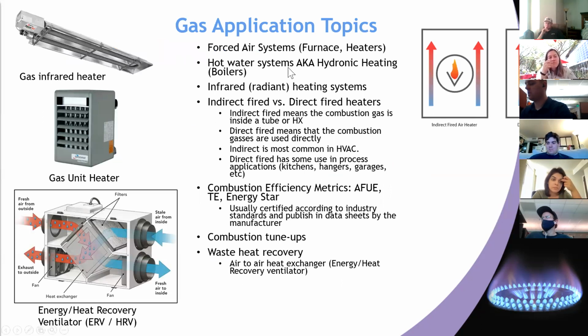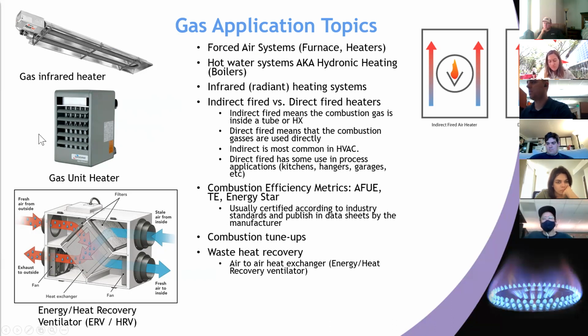So a lot of what we see for space heating with natural gas is divided by the type of system that we're using. One of the most common heating systems using natural gas is a forced air system. So this is basically a furnace, or a lot of times in facilities, you'll see something like a gas unit heater right here on the left.